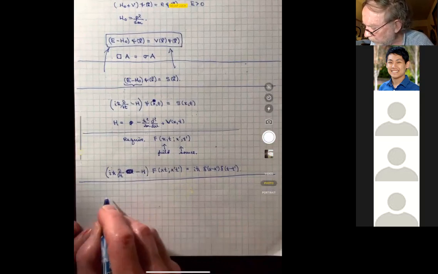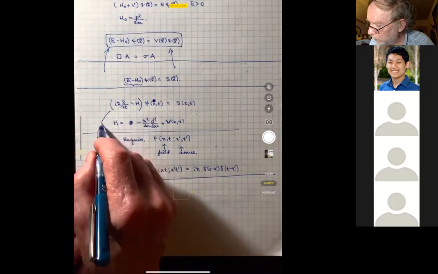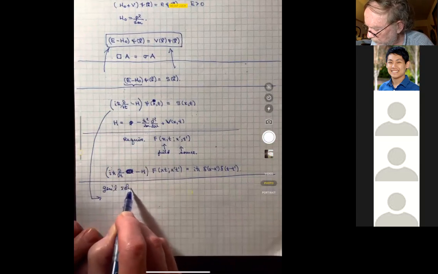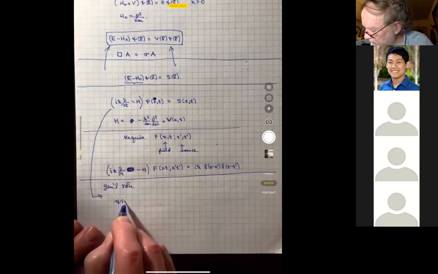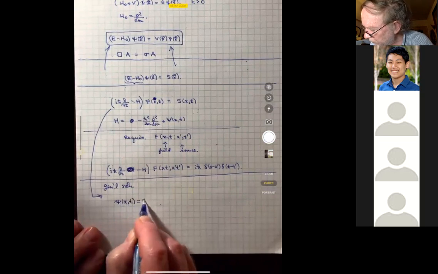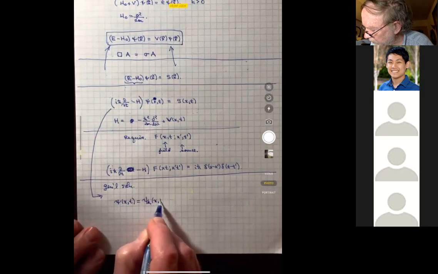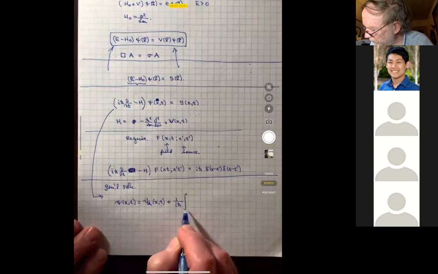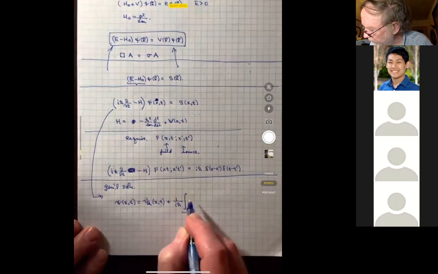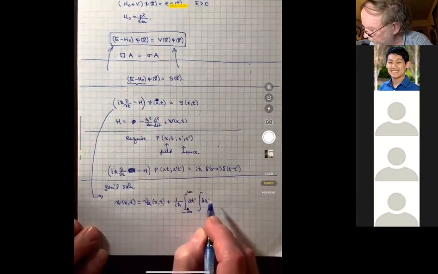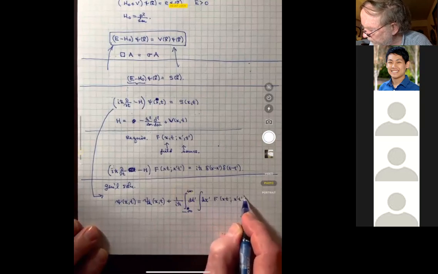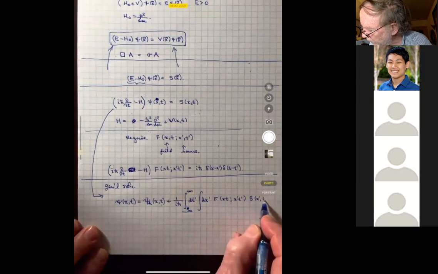And if we find such a function, then the general solution of this equation here can be written this way: psi of x and t is a homogeneous solution, psi homogeneous of x and t, plus 1 over iħ integral from minus infinity to plus infinity dt prime, integral dx prime, f of x and t, x prime and t prime, times the source evaluated at x prime t prime.